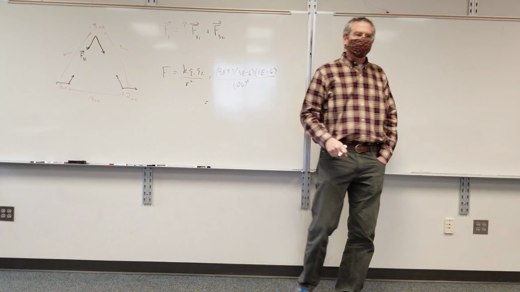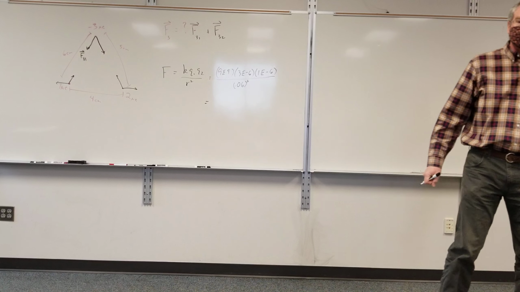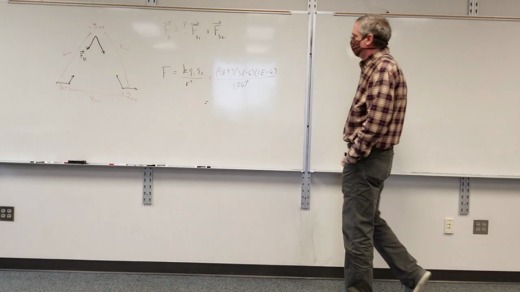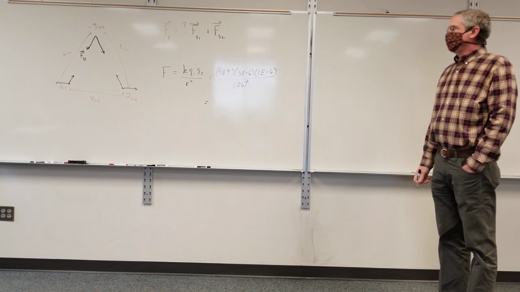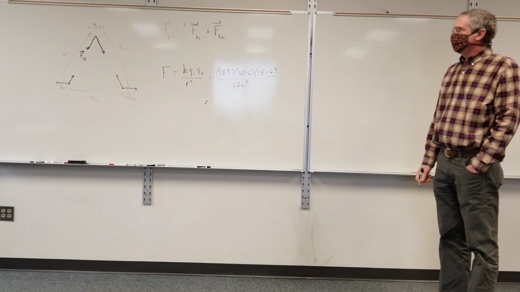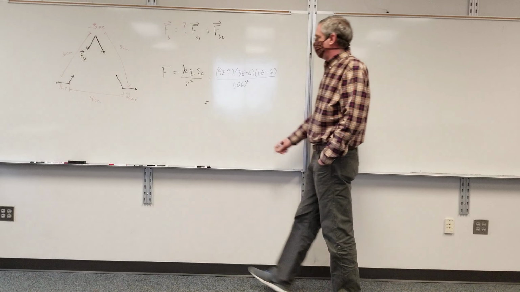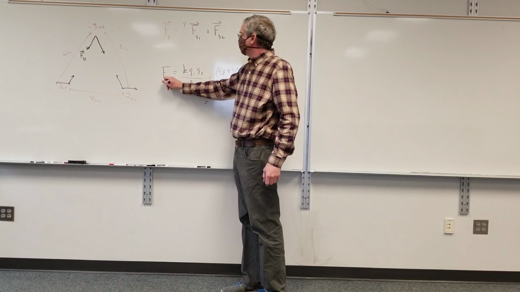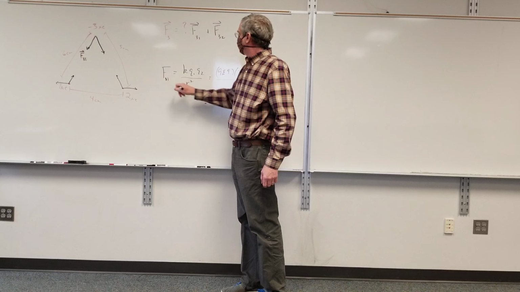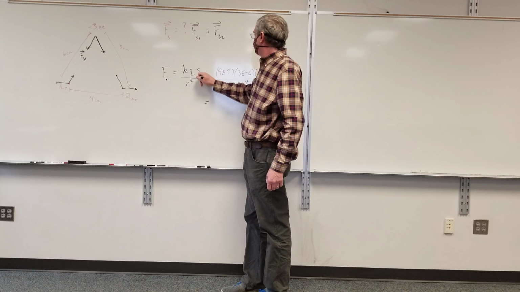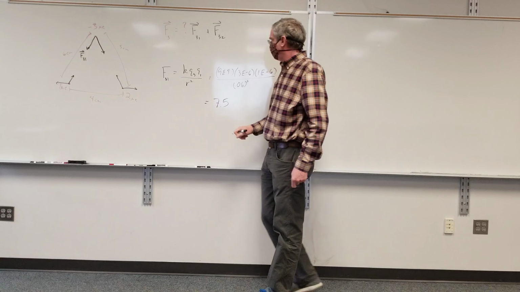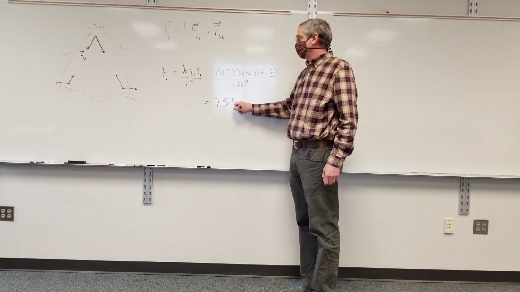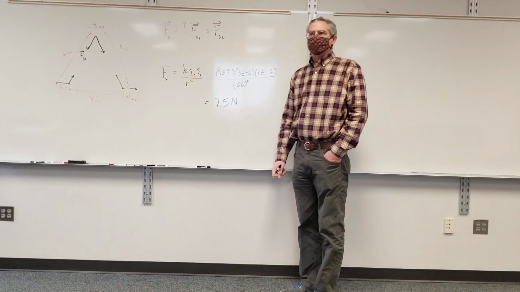Someone be kind enough to crank that out. And the other one, this would be F31. I have 7.5. I've forgotten the units. Newtons, I hope so. Yes. 7.5, anyone else?